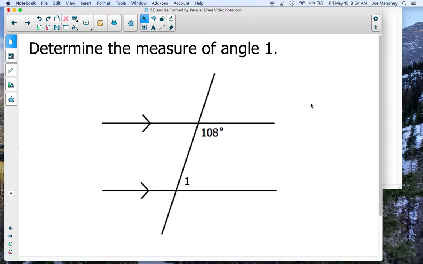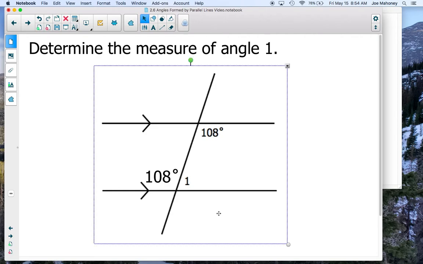So a lot of different ways to progress here. What you might want to recognize, one way to do it, is to think that I have a pair of alternate interior angles. So this angle here is 108 degrees. And if that angle is 108, remember the linear pair conjecture that says a linear pair of angles is supplementary.